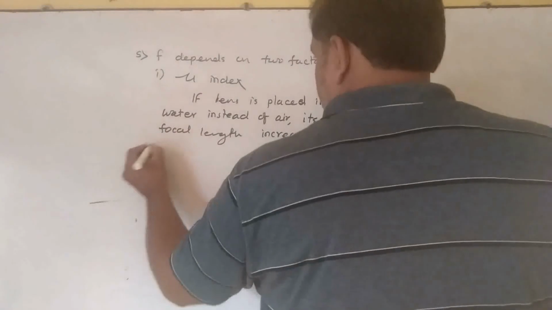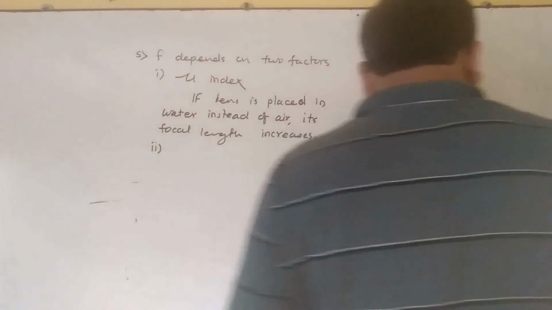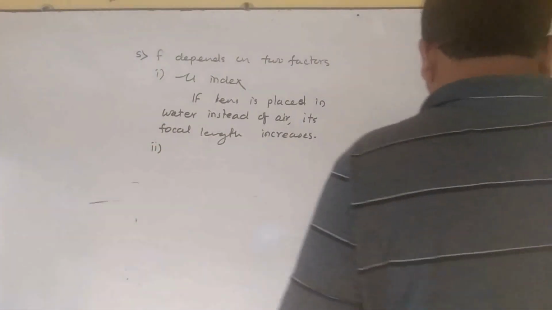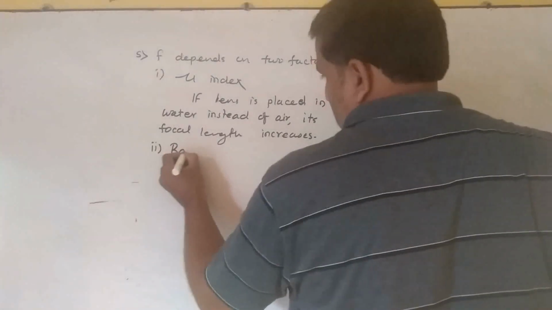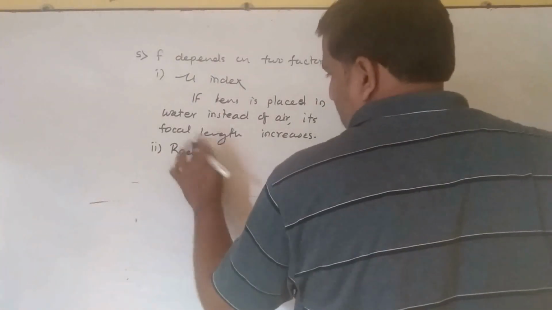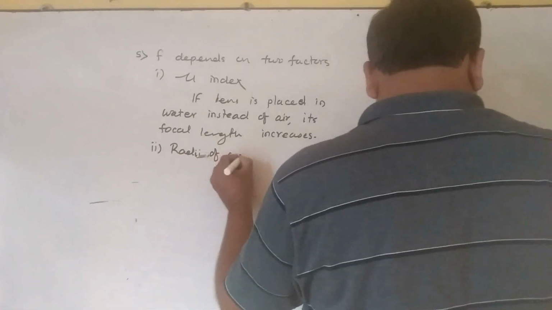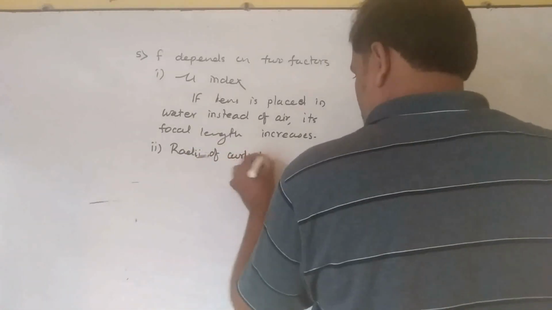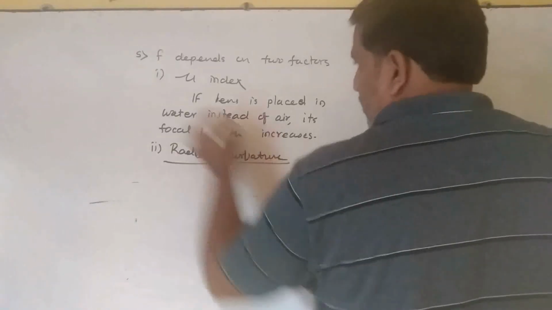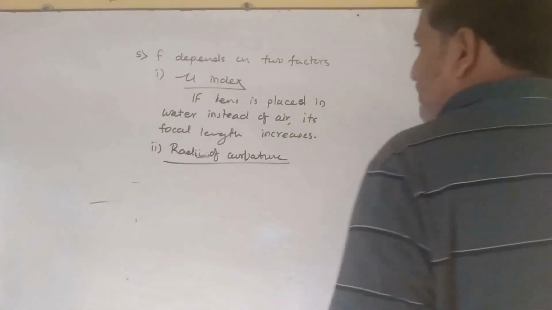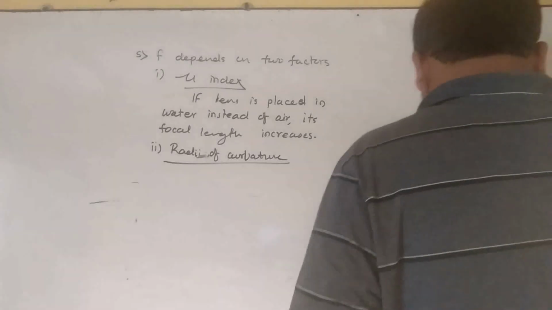Second one, radii of curvature: the radii of curvature of the two surfaces of the lens. Radii of curvature is the second factor which affects the focal length.